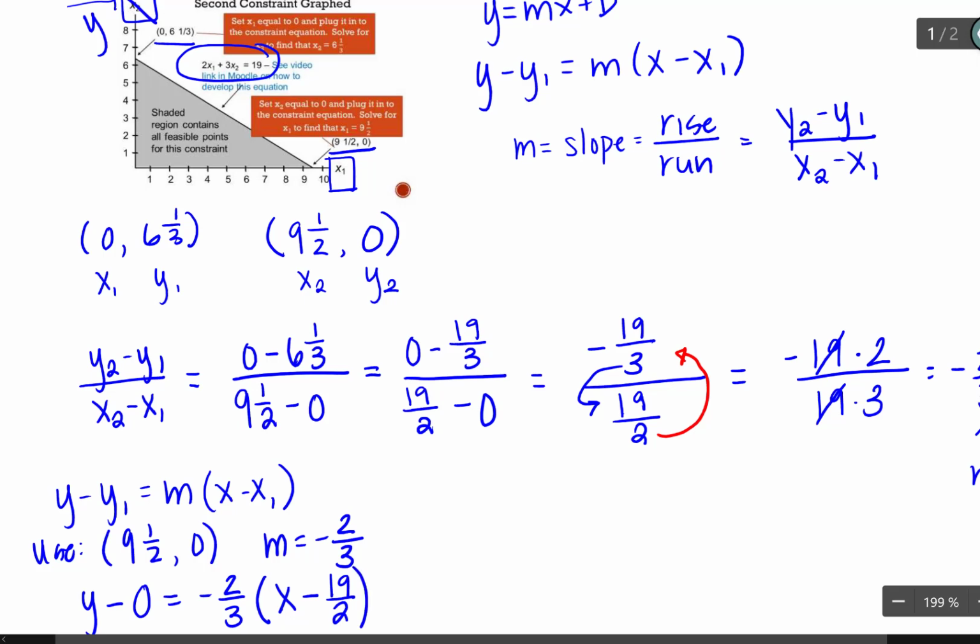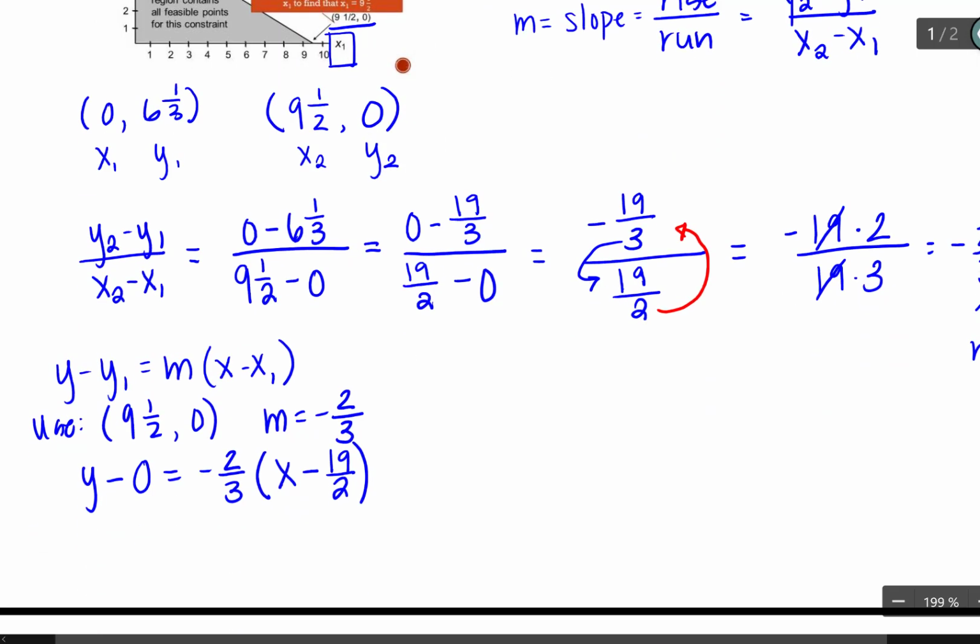So now on the right side of this equation, we want to multiply. We have negative 2/3 x. A negative times a negative will be a positive. So we have 2 times 19 divided by 3 times 2. Our 2's cancel, and we have negative 2/3 x plus 19/3.